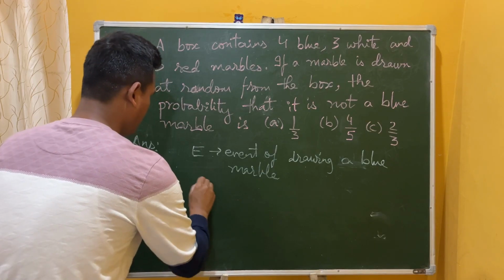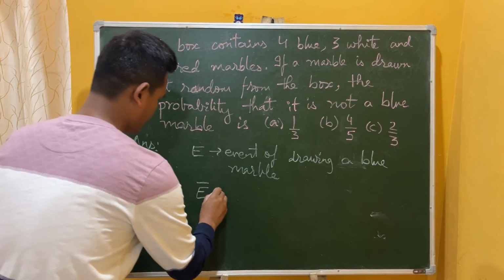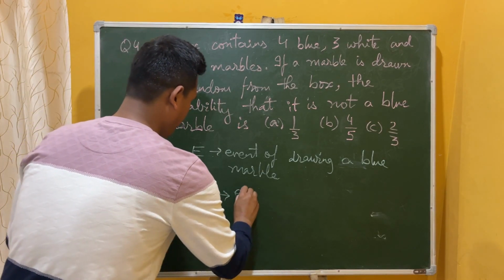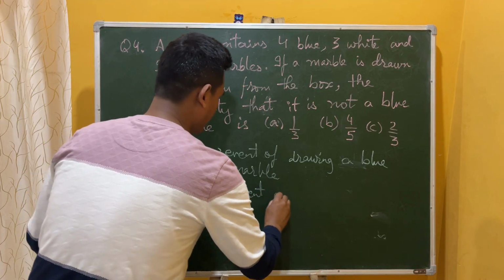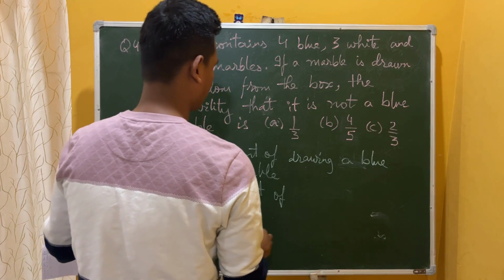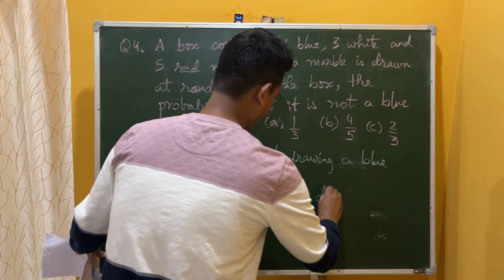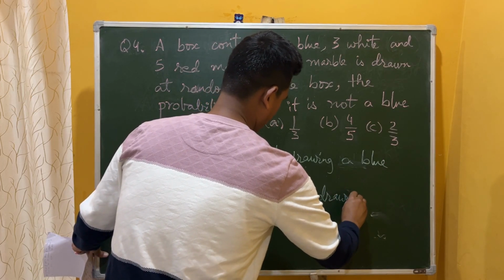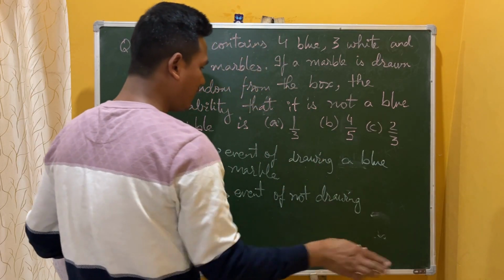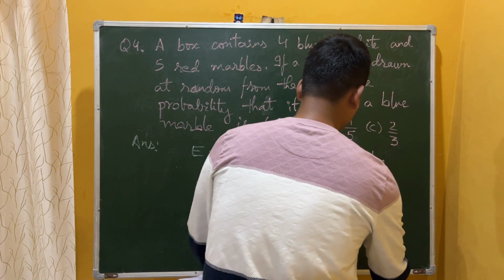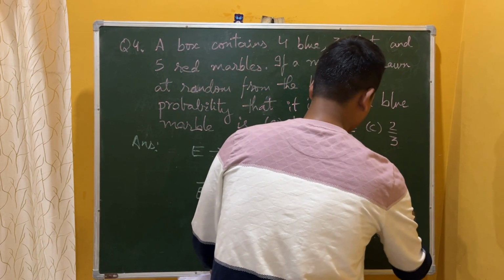And let's say E bar or E dash be the event of not drawing, or not picking, a blue marble. Okay.